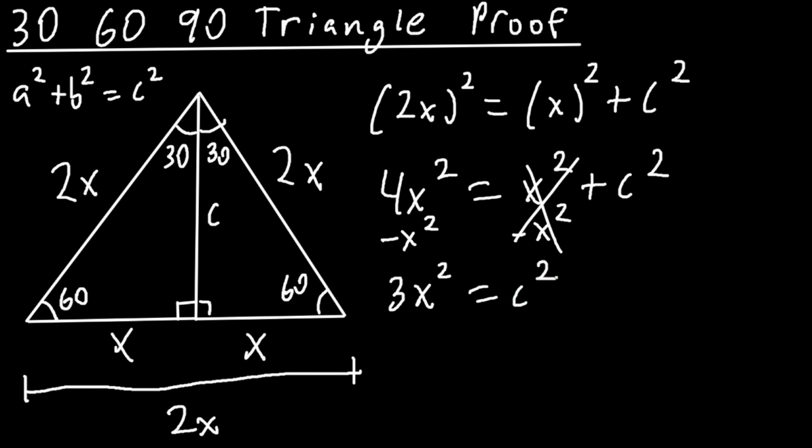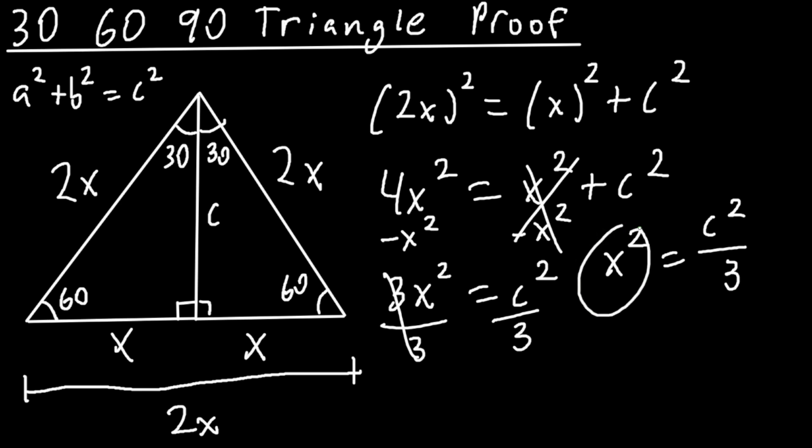Let's get this 3 out of the way. I want it on the other side, so I'm going to divide both sides by 3. That cancels out, and then we have x squared equals c squared divided by 3. Now I want to get rid of this exponent, so I'm going to square root both sides.